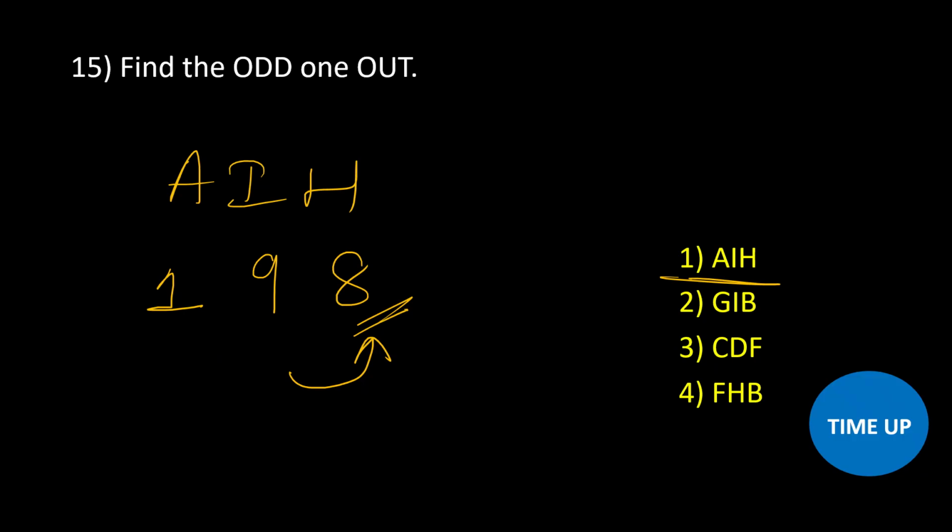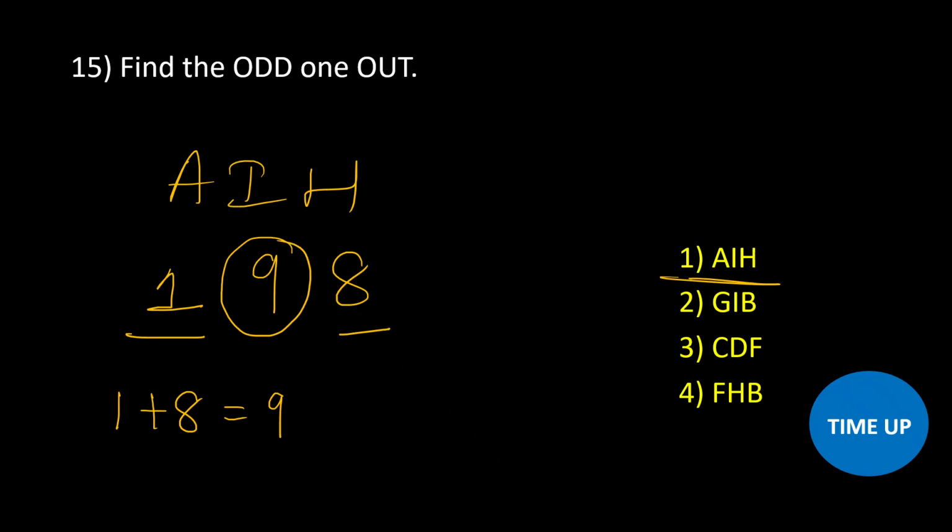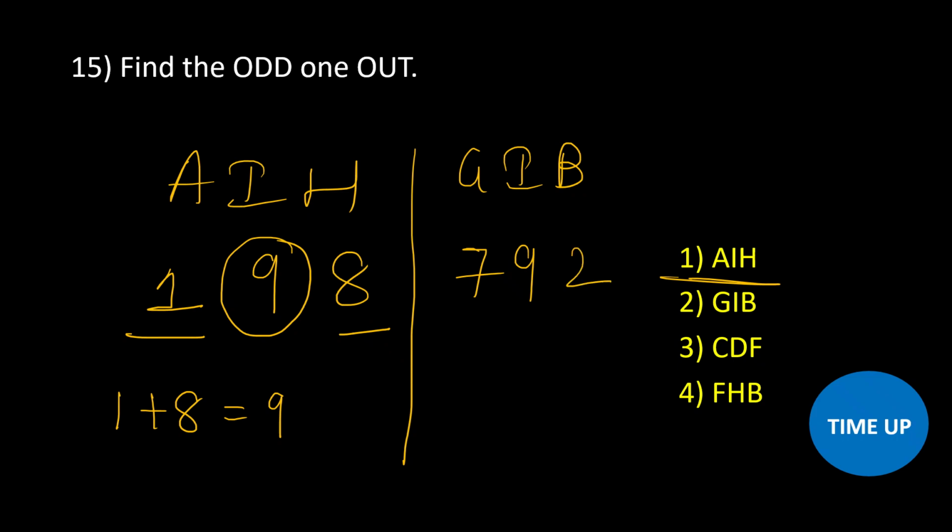But what do you think here? What is the logic here? If you carefully check, if you add 1 plus 8, you will get the middle number that is 9. Same way, if you do GIB, G is 7, 9, this is 2. 7 plus 2 if you do, you will get 9.